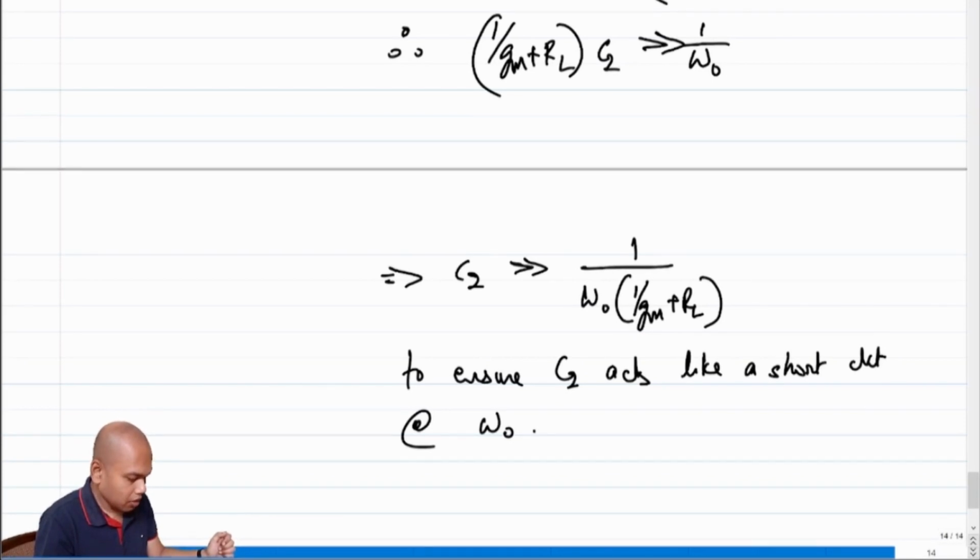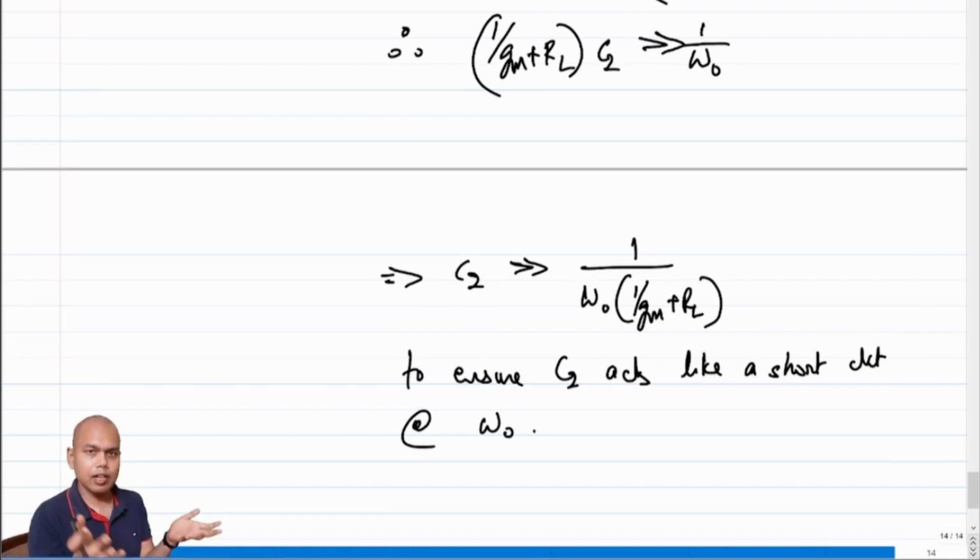So in a nutshell, what I would like you to focus on is the fact that the same looking architecture can behave completely differently. In one case, it can behave like a voltage controlled current source or a common source amplifier, and just because I have taken the output from a different terminal, it behaves like a completely different beast, that is a voltage controlled voltage source or a source follower or a common drain amplifier, right?